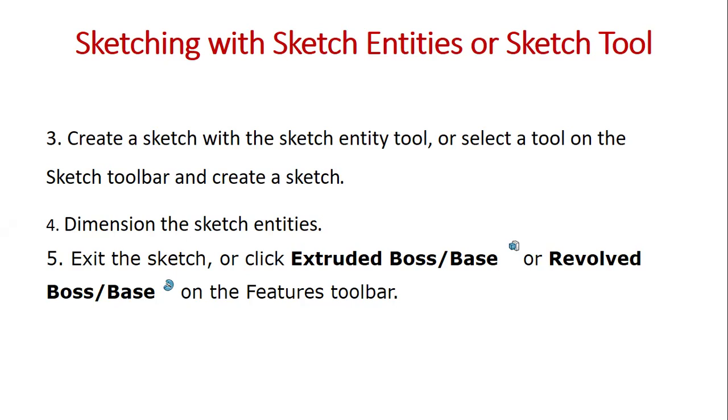Then dimension the sketch entities after constructing the 2D drawing. Then we need to add thickness to the proposed 2D design sketch. So we exit the sketch window, click extruded boss base or revolved boss base by enabling the feature toolbar, so that the given 2D entity can be converted into a 3D solid model.